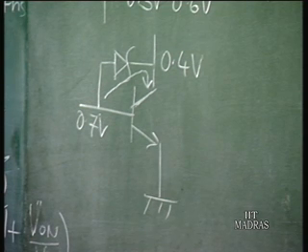So, this actually prevents the transistor from going to saturation. The transistor does not go to saturation, it goes to the edge of saturation and then it gets clamped, the output voltage gets clamped.